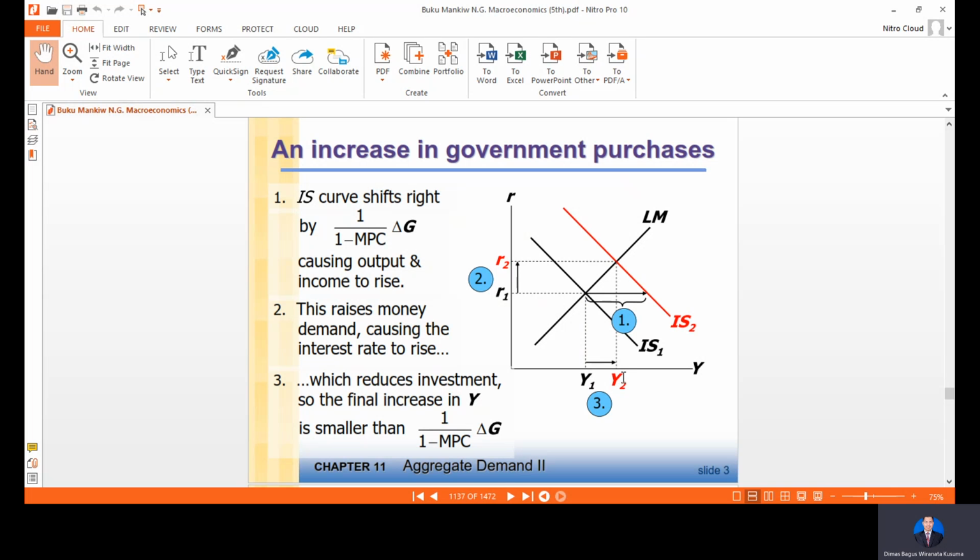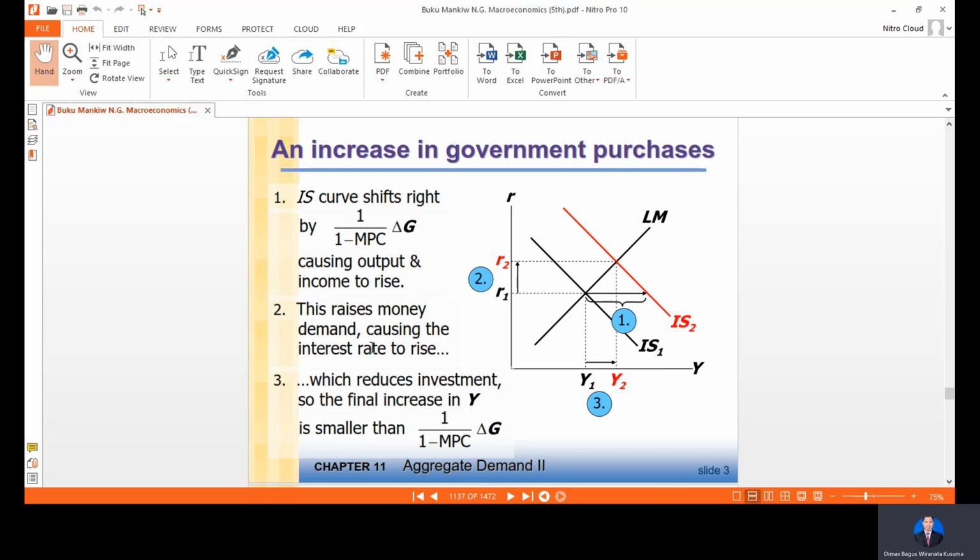Output rises to Y2, and the interest rate also rises to R2, because the increase of government purchases makes the loanable funds for investment scarce compared to before. So capital becomes scarce, and the price of capital will increase, represented by the interest rate.